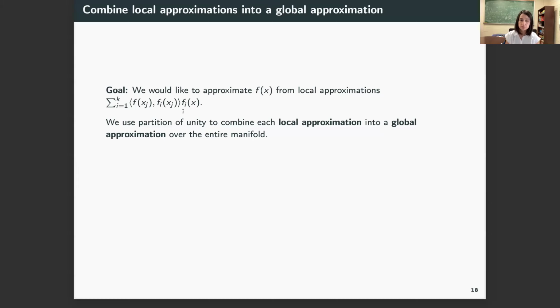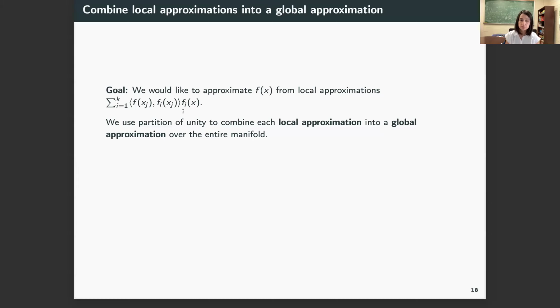So the theorem, combining all those local approximations into a global approximation using the partition of unity, tells me that if I'm approximating f of x using this local approximation, it works and it works nicely.